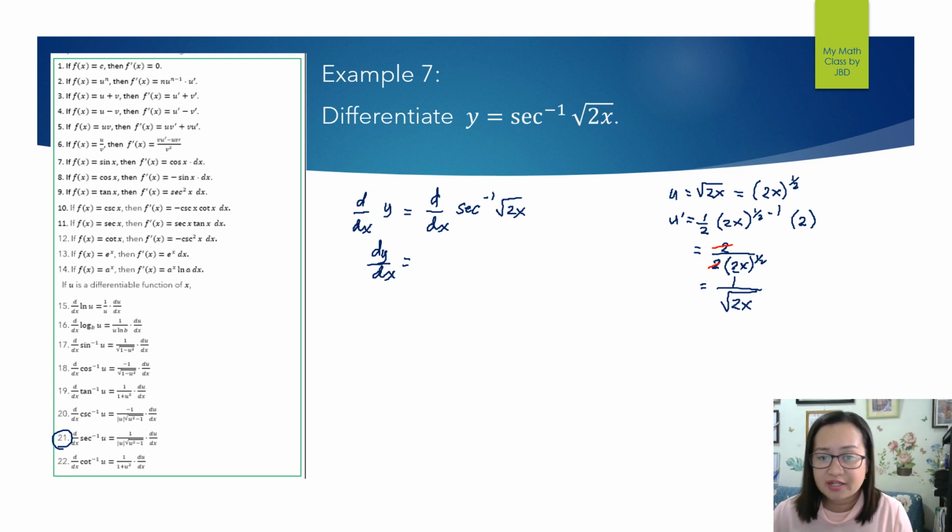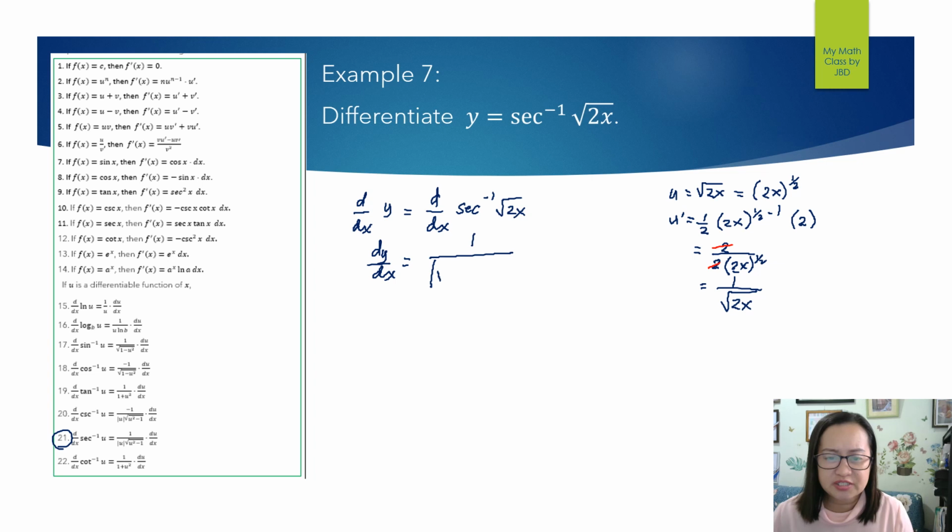Now going back to the main problem, the derivative of the inverse of secant u would be 1 over the absolute value of u.